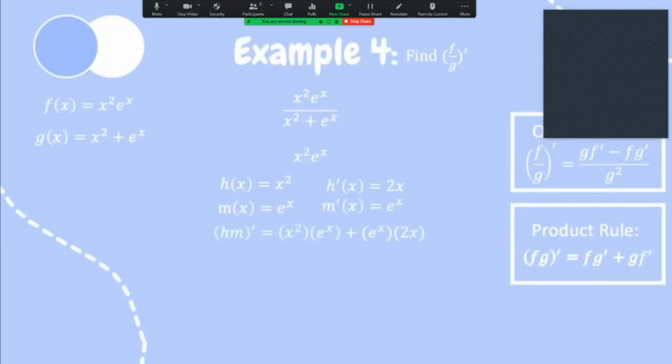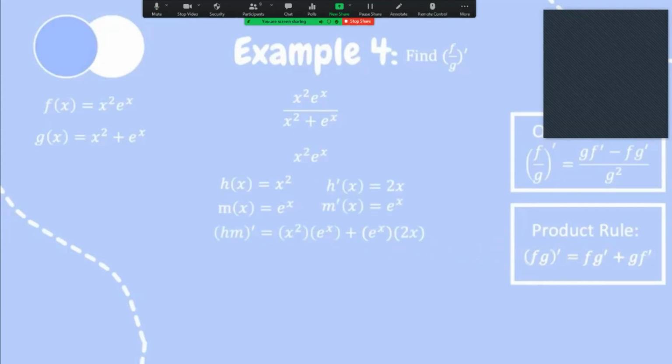That's x squared times e to the power of x plus e to the power of x times 2x.